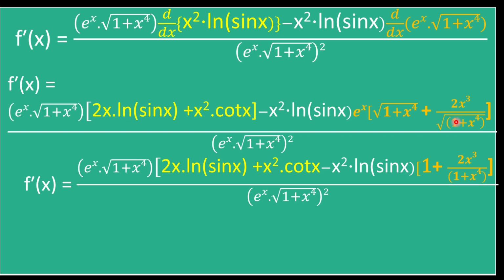Why? Because we have no common over here. This value is not present over here, so to balance this value we will multiply one time this square root of 1 plus x^4.